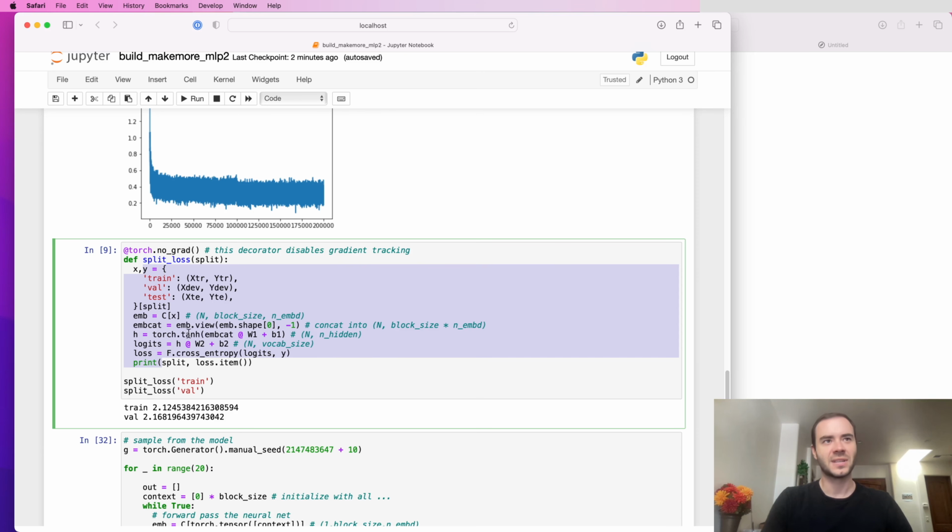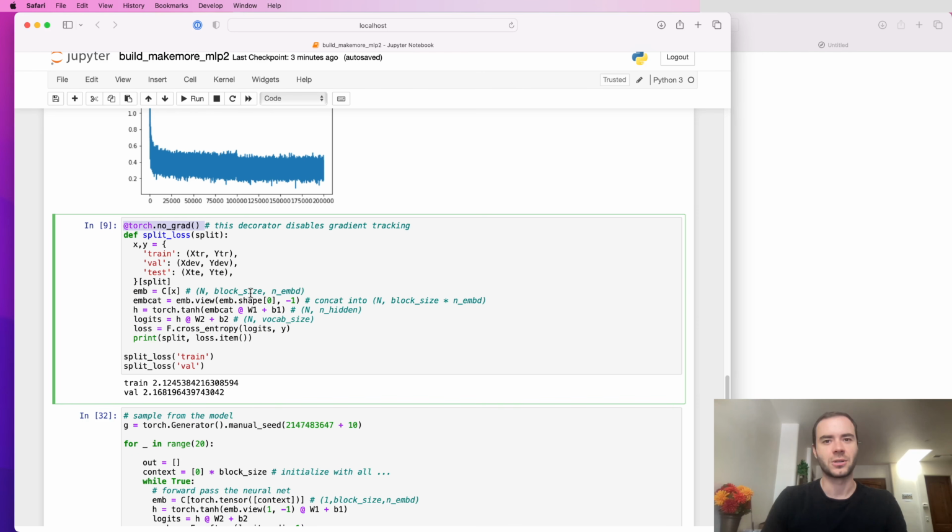It's almost as if all the tensors that get created here have a requires_grad of False. And so it just makes everything much more efficient because you're telling Torch that I will not call .backward on any of this computation, and you don't need to maintain the graph under the hood. So that's what this does. And you can also use a context manager with torch.no_grad, and you can look those up.